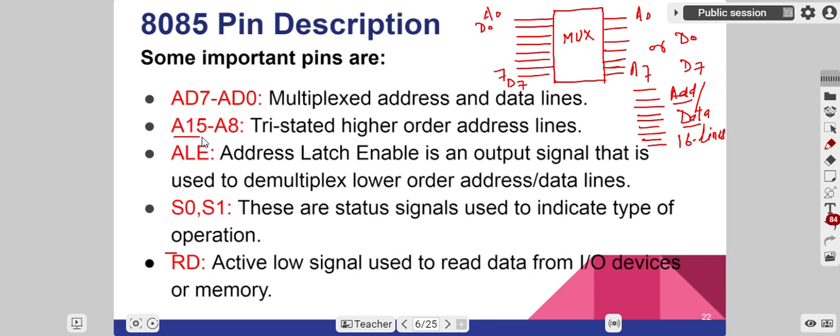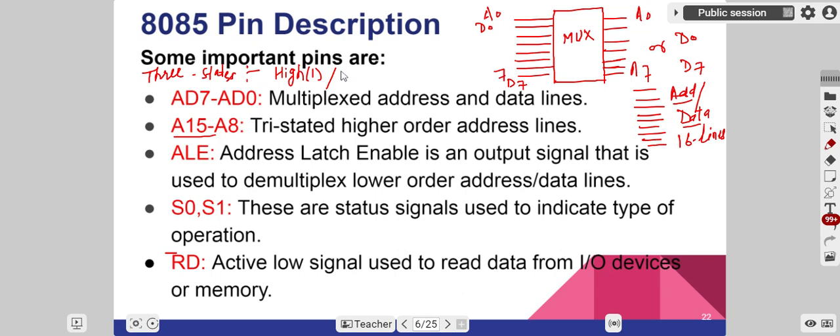A8 to A15 are the tri-stated high order address lines. So this is a bus which is tri-stated higher order address lines. What is the meaning of tri-stated? It means the lines have three states. The first state is called high, which means logic 1.